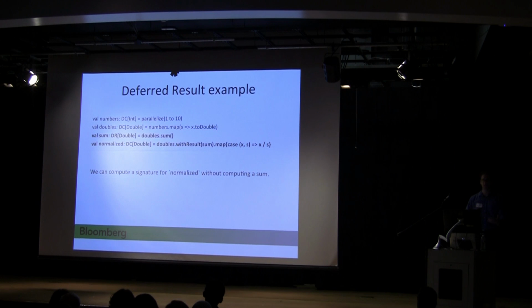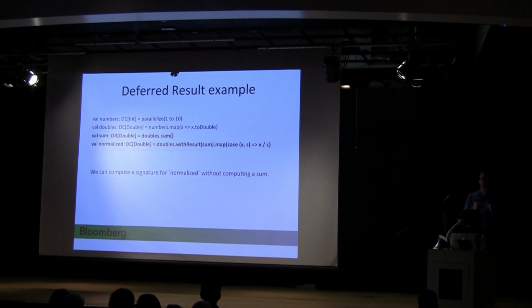To fix that example and make it lazy, we'll call .sum on this thing. But instead of returning a double immediately and actually carrying out the computation, we'll leave it in this lazy structure, called a DR. Then when we want to define normalize, we define our function in a slightly more interesting way.